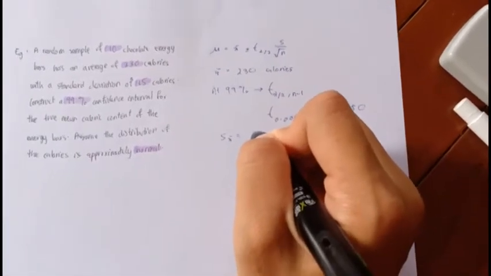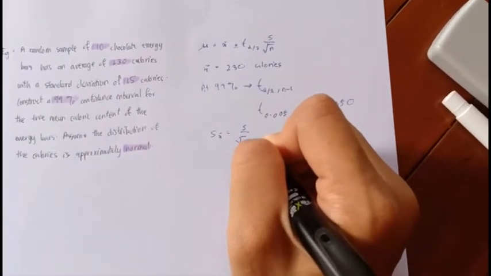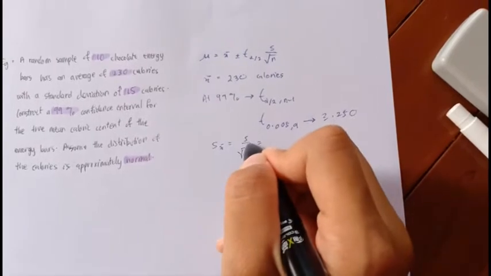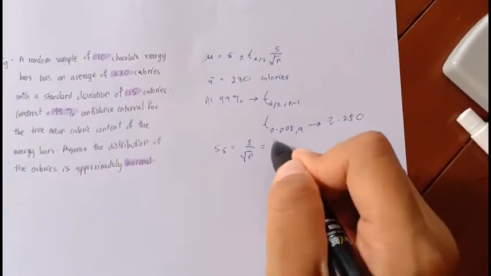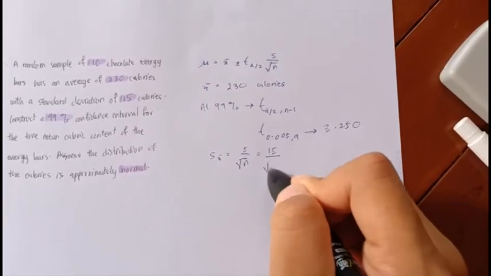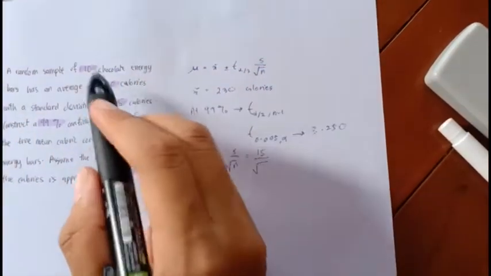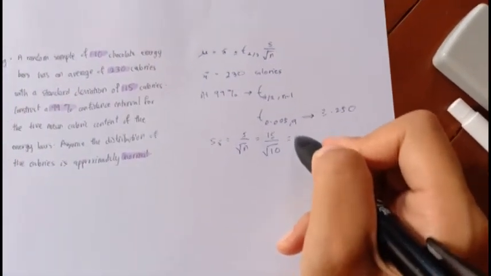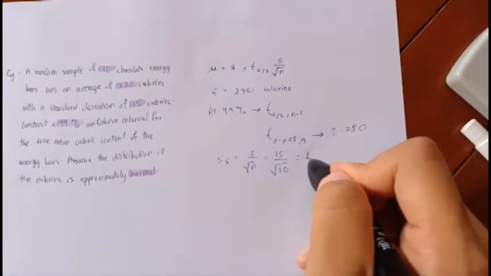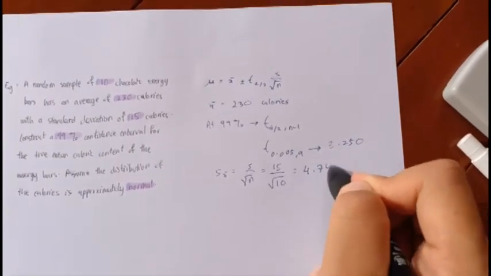The error is, so the standard deviation given is 15. So 15, over the square root of the number of samples, 10. So now the answer is 4.7434.